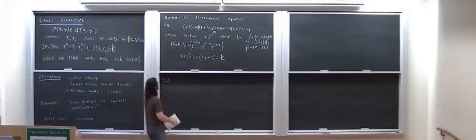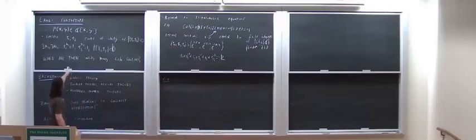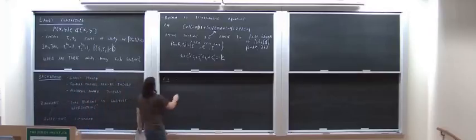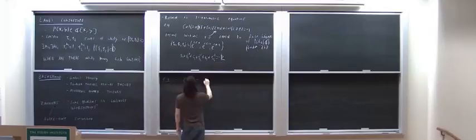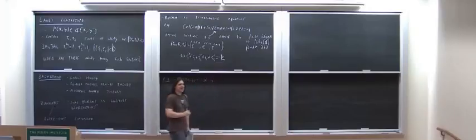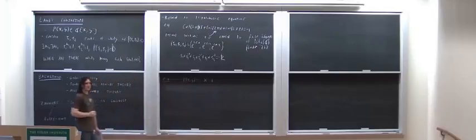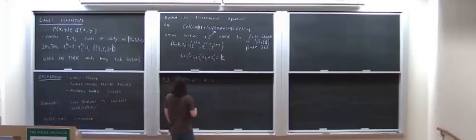What's an example of a polynomial which clearly has infinitely many solutions in roots of unity? Maybe the simplest one is P of x, y equals x minus 1. If x is 1, y can be anything. That's infinitely many solutions right there.